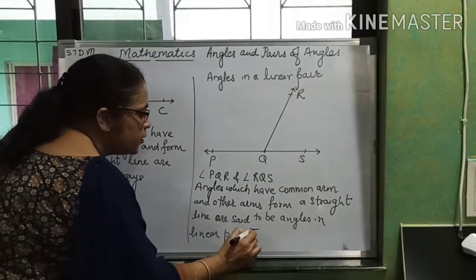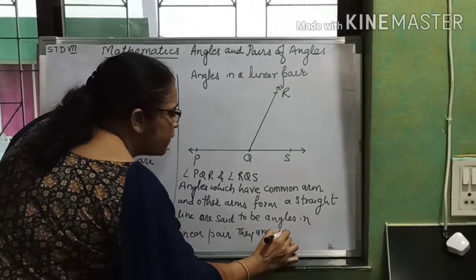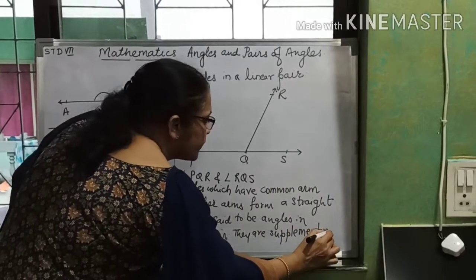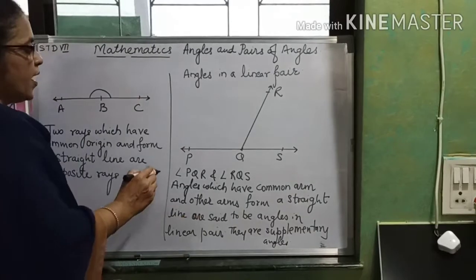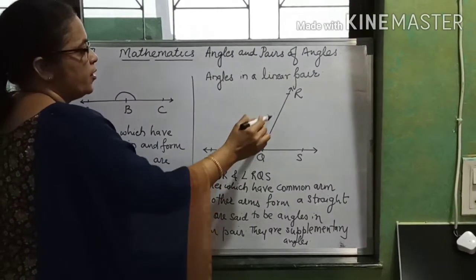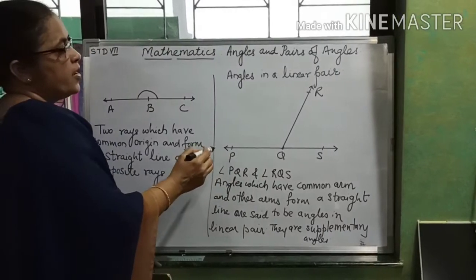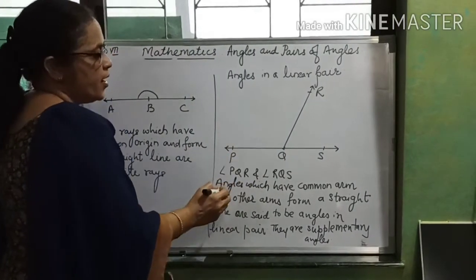Also they are supplementary angles. So here angle PQR and RQS, they are angles in a linear pair. They are adjacent angles as well as they are supplementary angles.